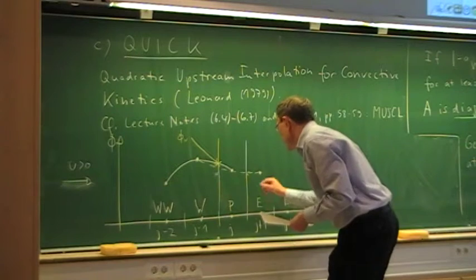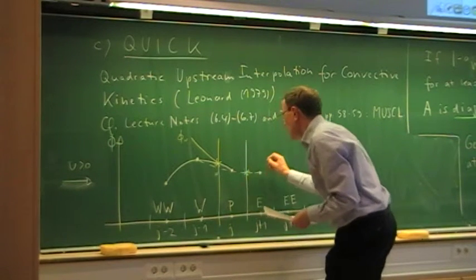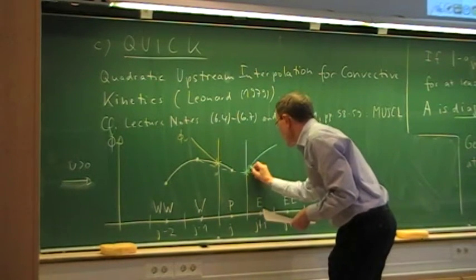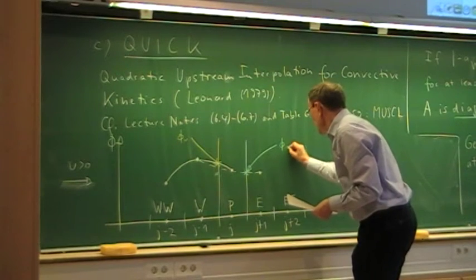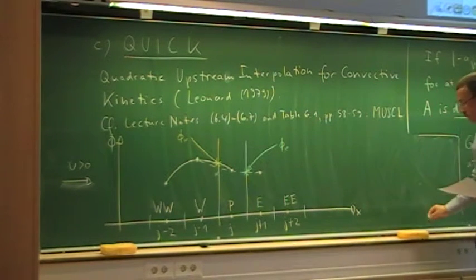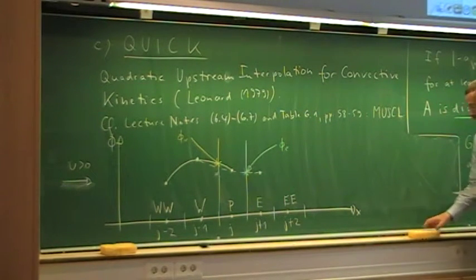So it will get a value here, and that will be the value that we take at the eastern face. So that is the way the method works.